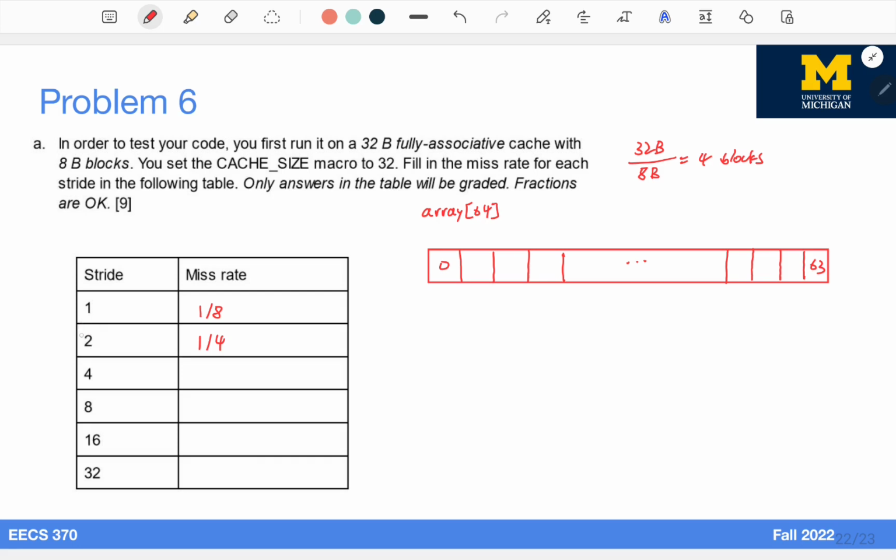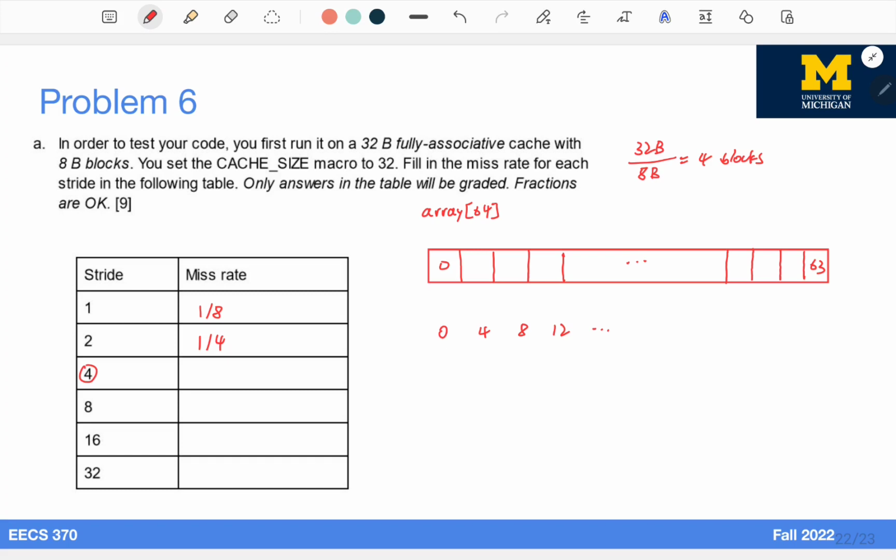And after that, let's look at stride equals 4. It's also very similar to stride equals 2. We just have 4 different outer iterations this time. In the first outer iteration, it will access 0, 4, 8, 12, and so on.